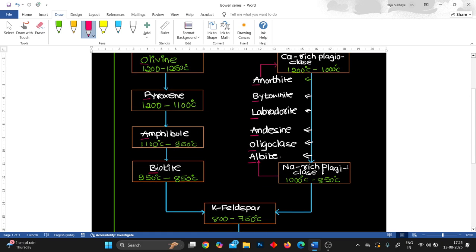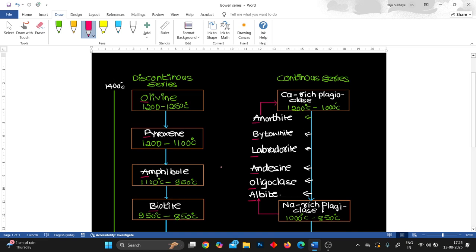You have to keep in mind all these minerals from this side to this side.